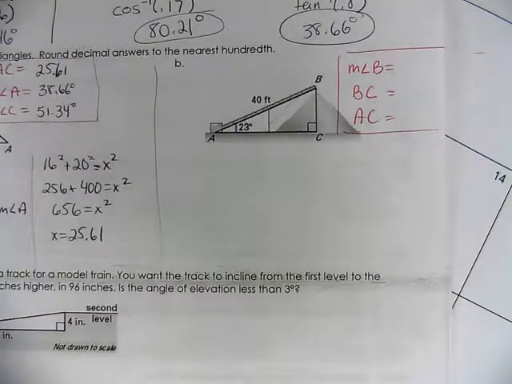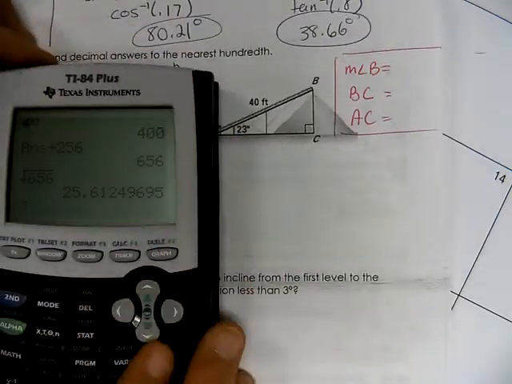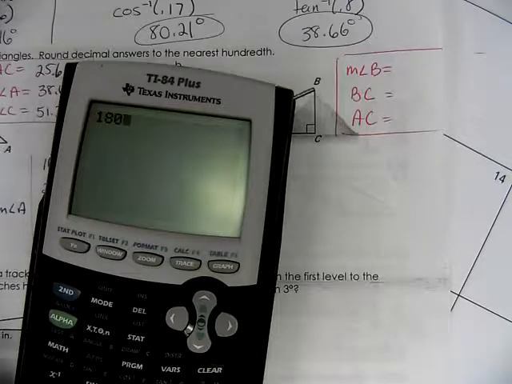So, what do you want to find first? The angle is the easiest to find here. Because how many degrees are there in a triangle again? 180. I already have two of the angles. So to find the angle measure, I can just do 180 minus 90 minus 23.